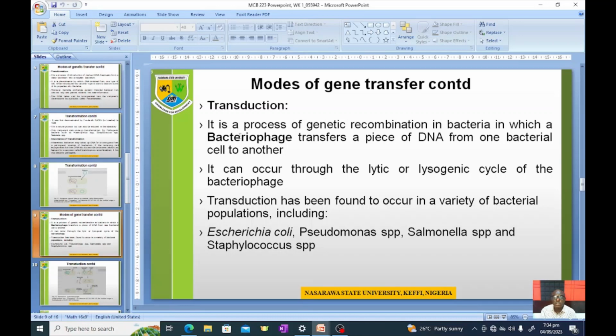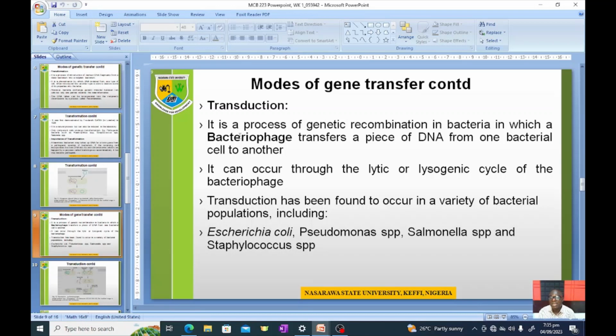The bacteriophage will incorporate it into the bacterium that initially does not have it and cause it to produce it. It can occur through either of two processes, the lytic process or the lysogenic cycle of the bacteriophage.